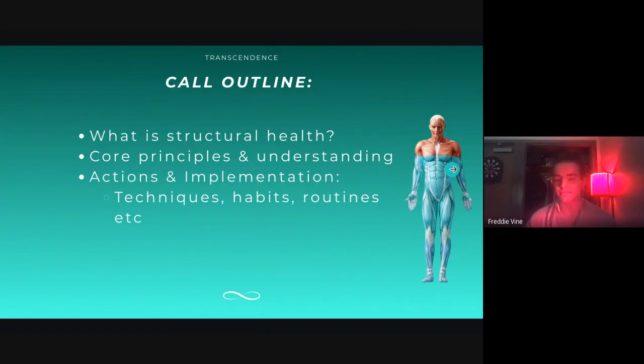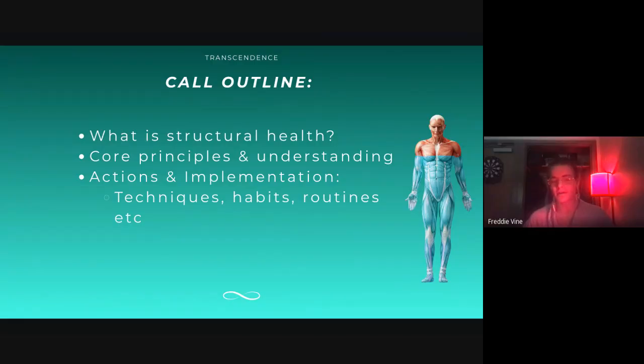And just a brief overview, I guess we'll start with what I've called structural health. What actually is that though? That's what we're going to talk about first. I'm going to spend a couple of slides on that. Then we're going to dive into some core principles that I've tried to outline, and some basic understanding, because a lot of people just think about bodybuilding or your gym routine, but I think it goes quite a lot deeper than that.